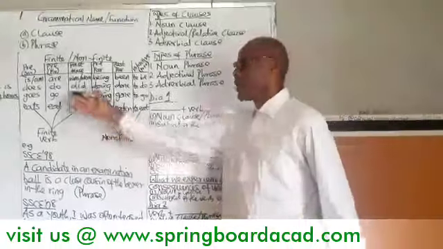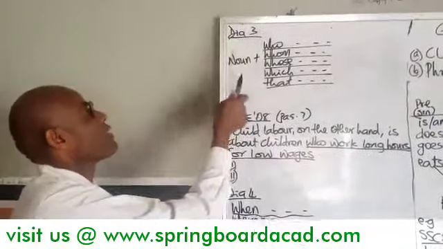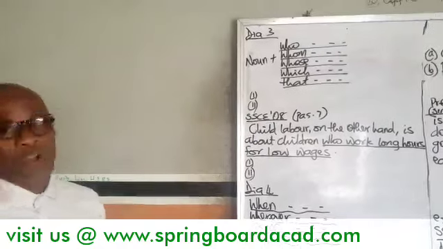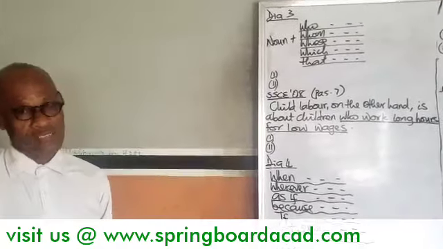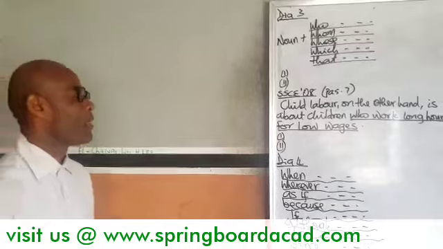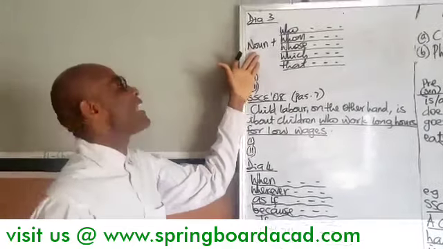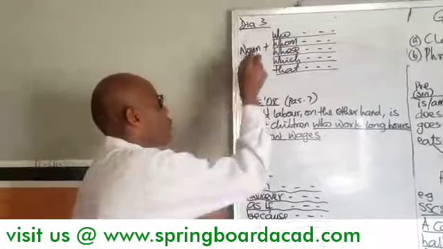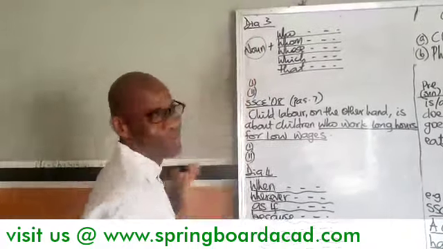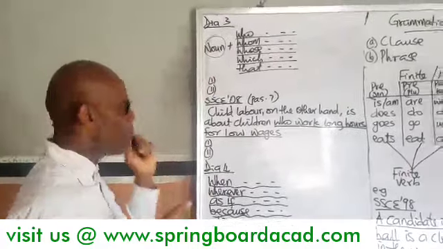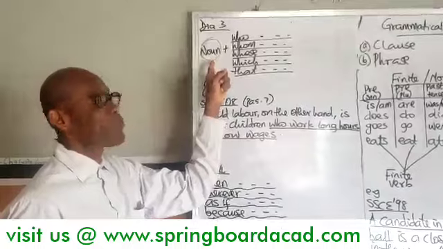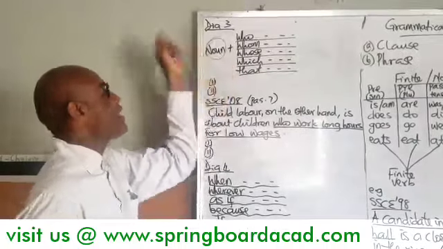Now let's go on and look at diagram number 3. Diagram number 3 is very, very easy. Anytime you find a noun, please make sure it is a noun. I repeat, make sure it is what? A noun.